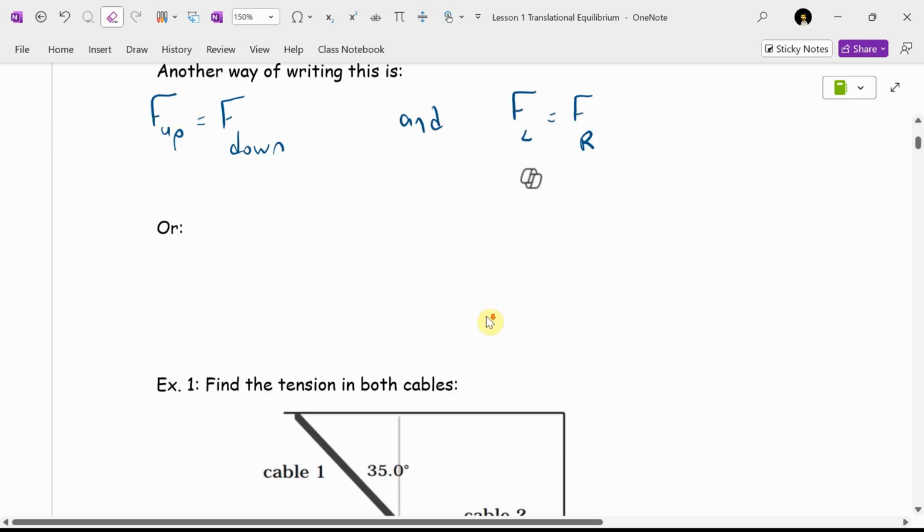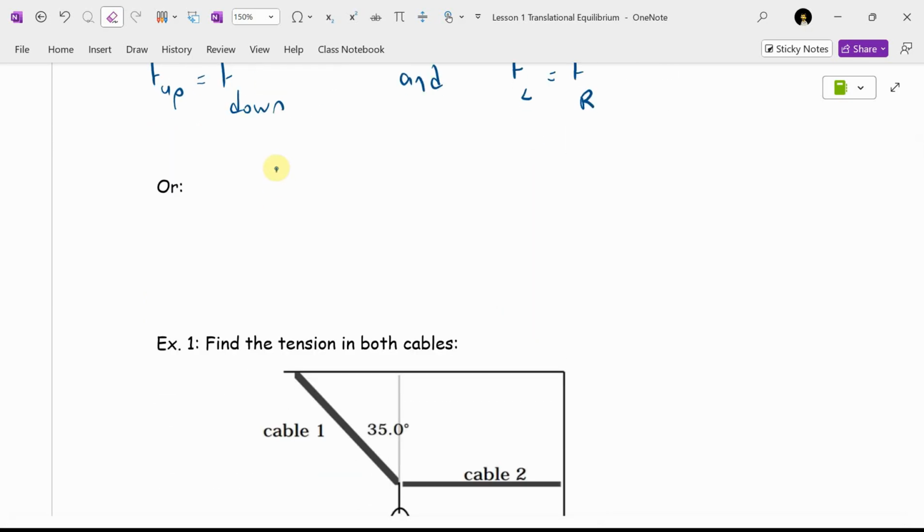So another way to think about it is force 1 plus force 2 plus force 3. If those are three vector forces, those have to add to zero. Why? Because much like a displacement, I ended up back where I started from. That is a situation in translational equilibrium.